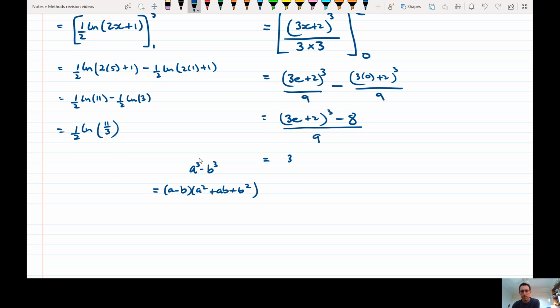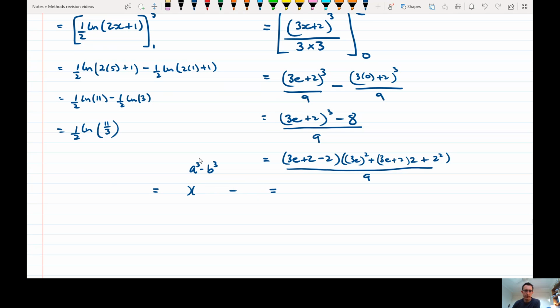So what we're going to do, you have 3e plus 2, that's your a. B is going to be 2, so minus 2. And then you're going to have in here a squared, so 3e squared plus 3e plus 2 by 2 plus 2 squared, all over 9.